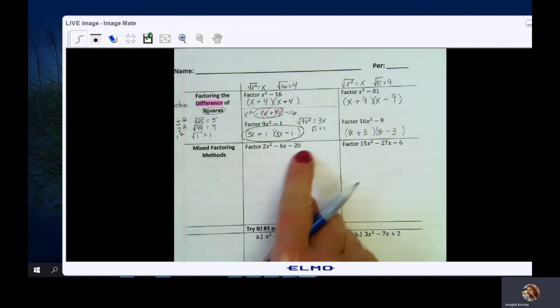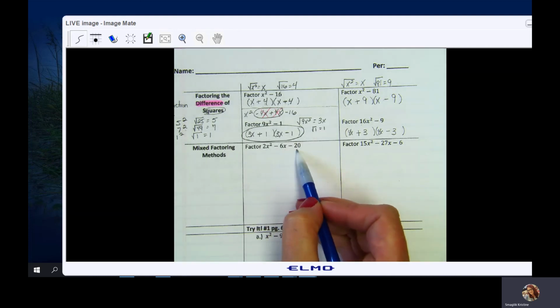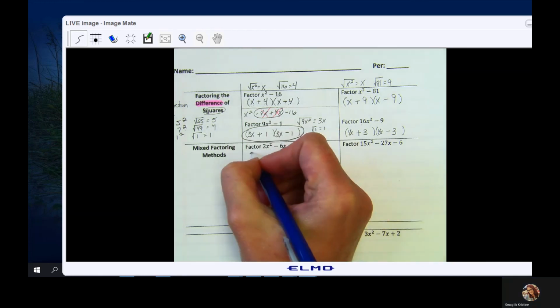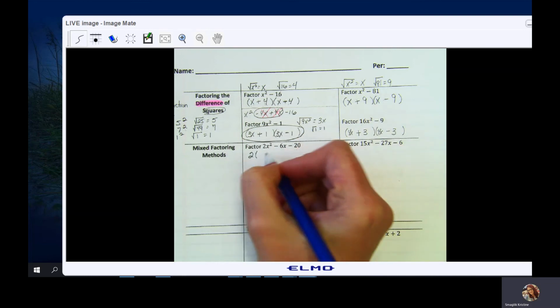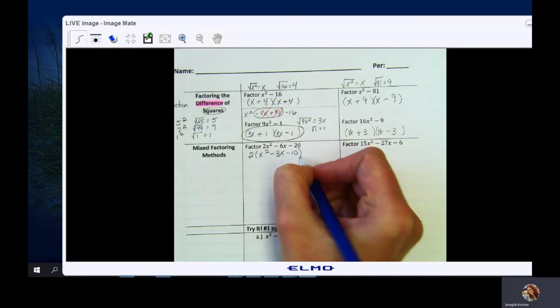On this example, notice that each of these terms can be divisible by 2. So what I want to do first is factor out a 2. And I'm left with x squared minus 3x minus 10.